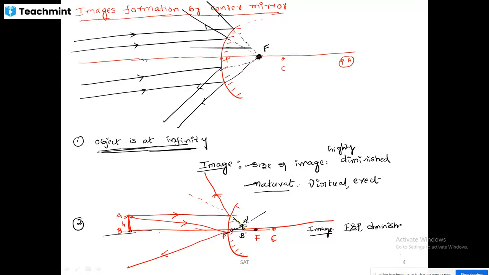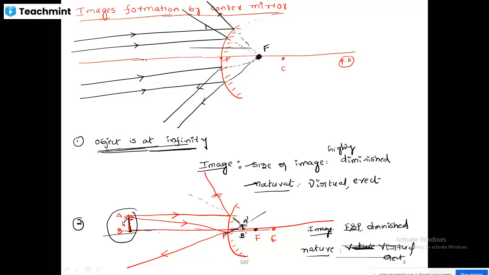What about the nature of the image? Nature is always a virtual image because all reflected rays are not really meeting. So a virtual image, and erect means the orientation of the object AB and the image A'B' are both the same.